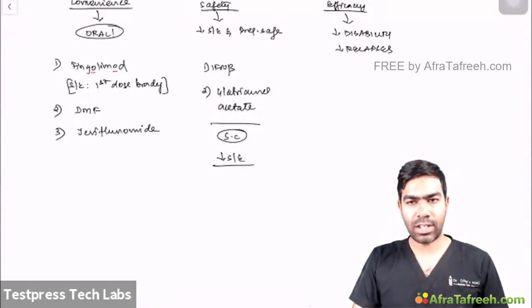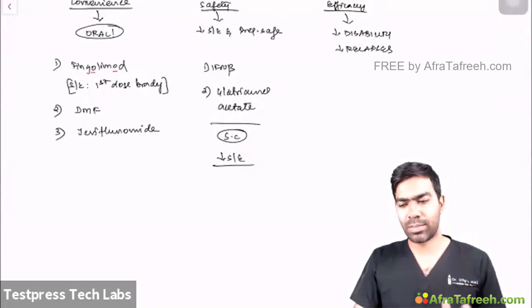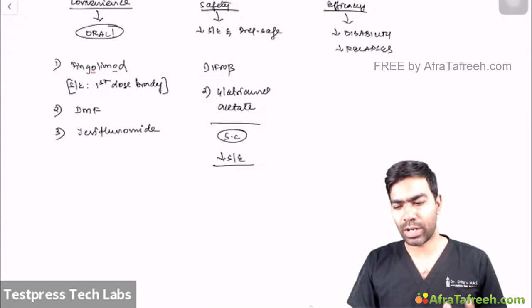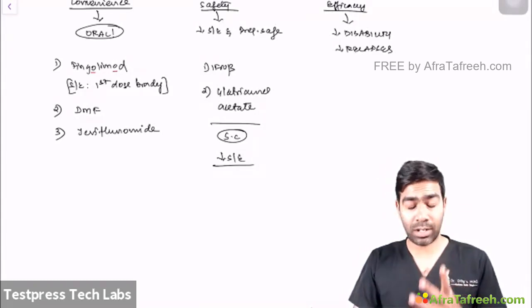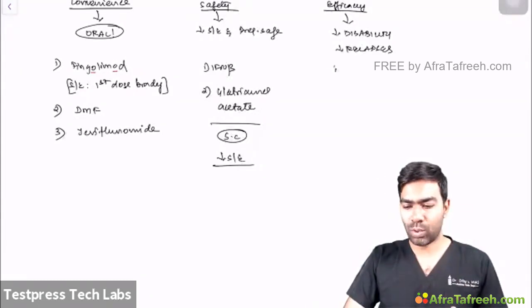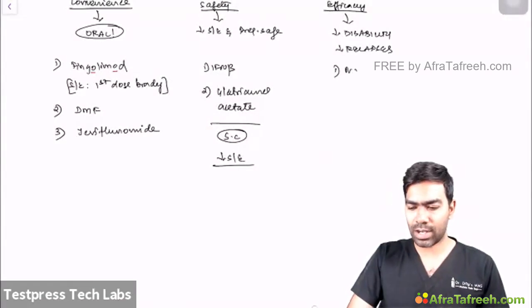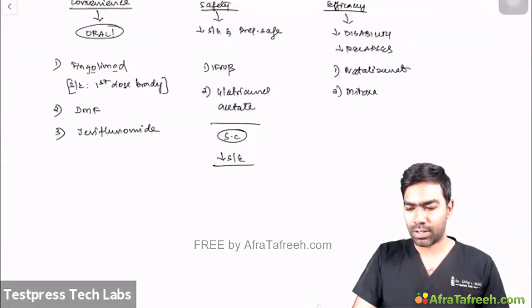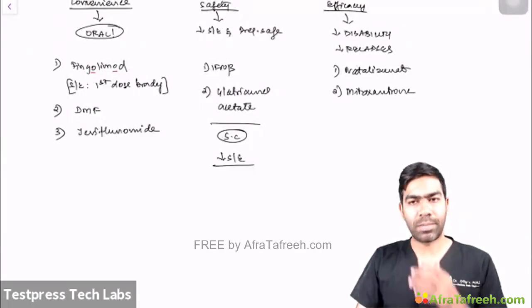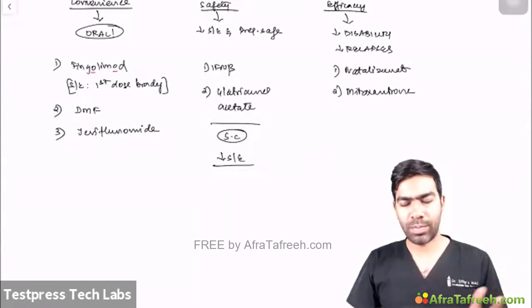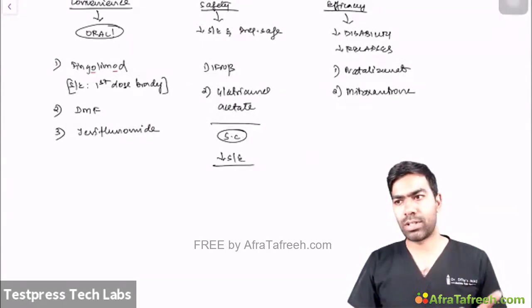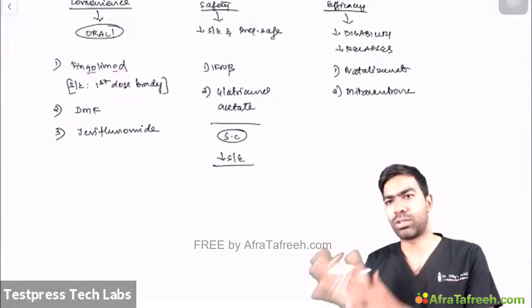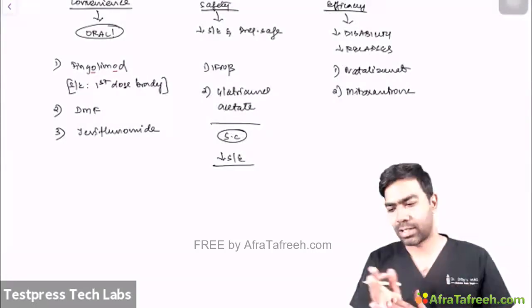As far as the efficacy approach is concerned, here the patient will be seriously disabled, getting multiple relapses again and again. So I need efficacy as the priority. There are 2 drugs that are extremely efficacious. One is natalizumab and second is mitoxantrone. Mitoxantrone is an anti-cancer drug that can be used in MS. This was once a JIPMER quiz question. They asked which is the drug that can be used in both MS as well as hematological cancers.